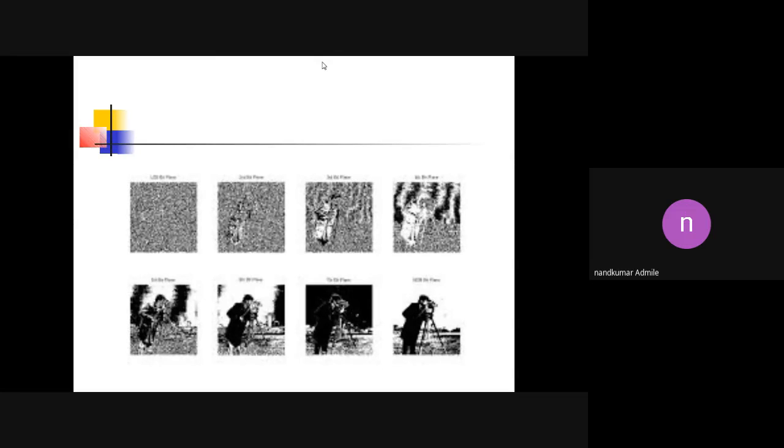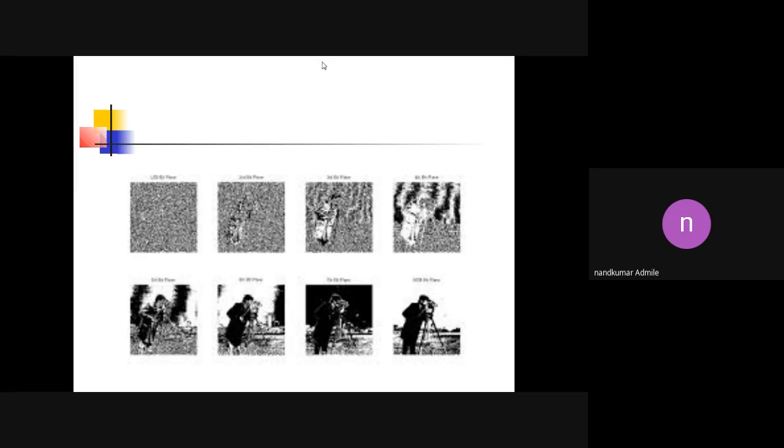If we consider the LSB, the least significant bit, the smallest bit, which is 0, at this bit we are not able to visualize the image properly. As we change the bit from 0 to 1, 1 to 2, 2 to 3, the image looks better, and at the 7th plane we can visualize the image more clearly.